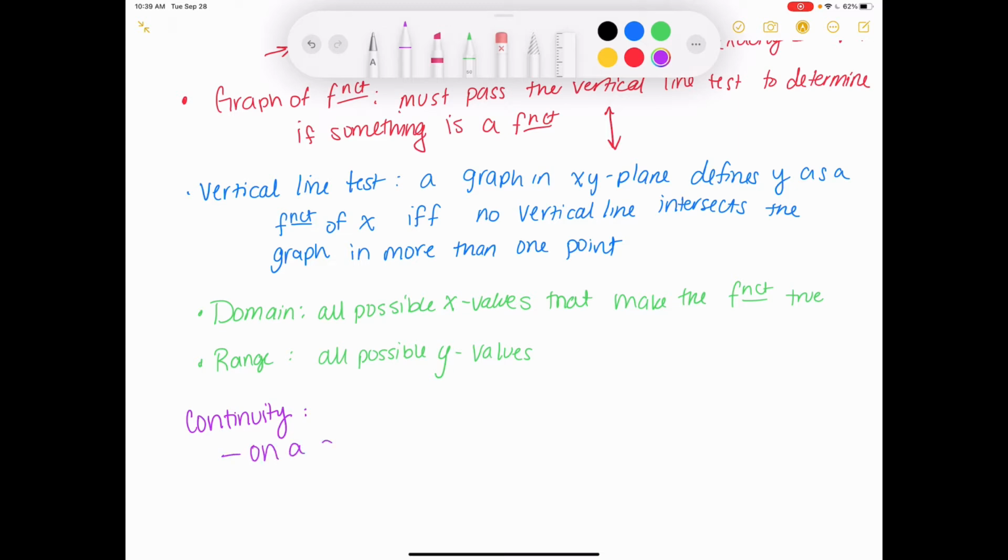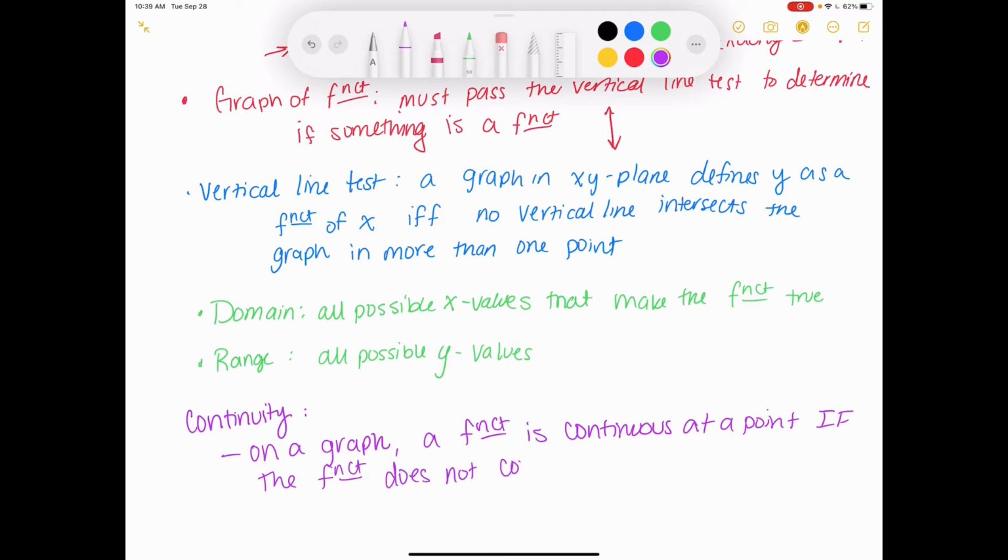So on a graph, a function is continuous at a point if the function does not come apart at the point.